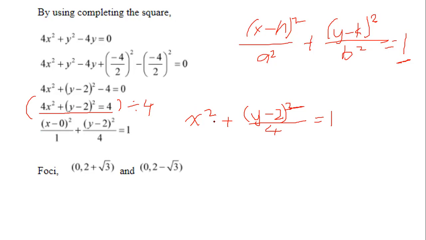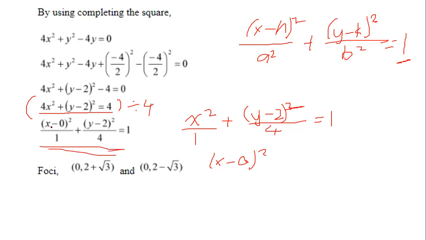Okay, x squared, right? We know that it must have over 1 underneath. And like the last questions, x didn't minus anything, so it's x squared, so we can write (x minus 0) squared over 1 here.